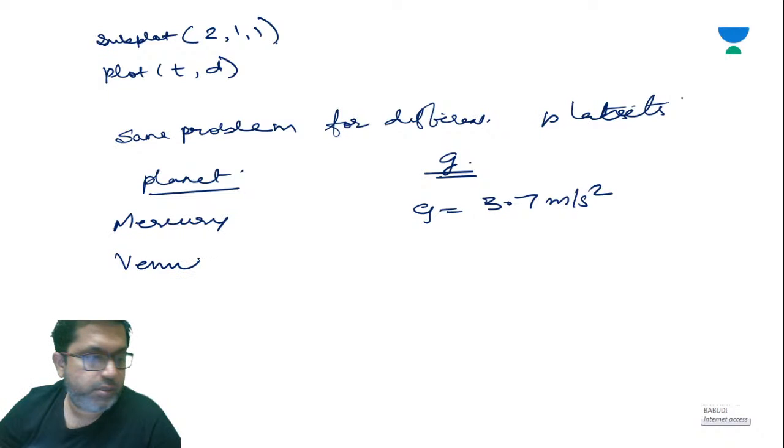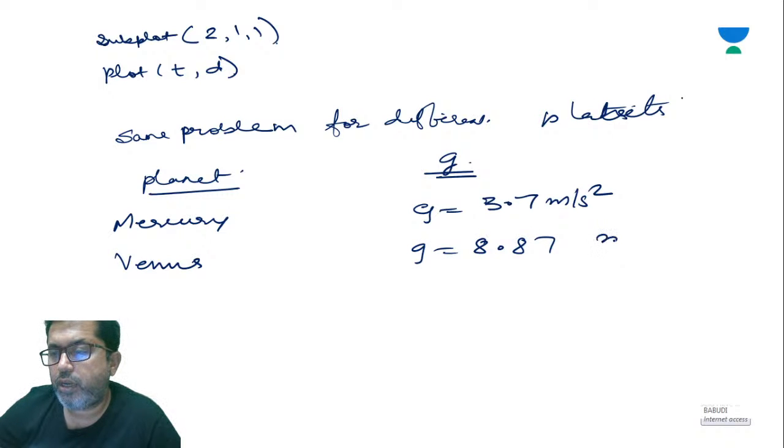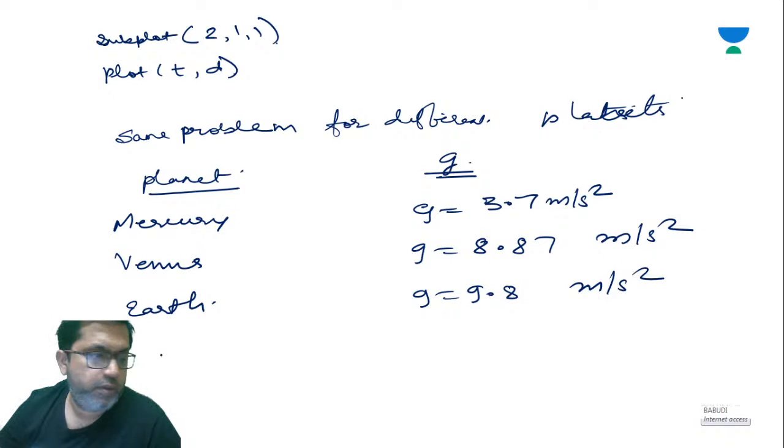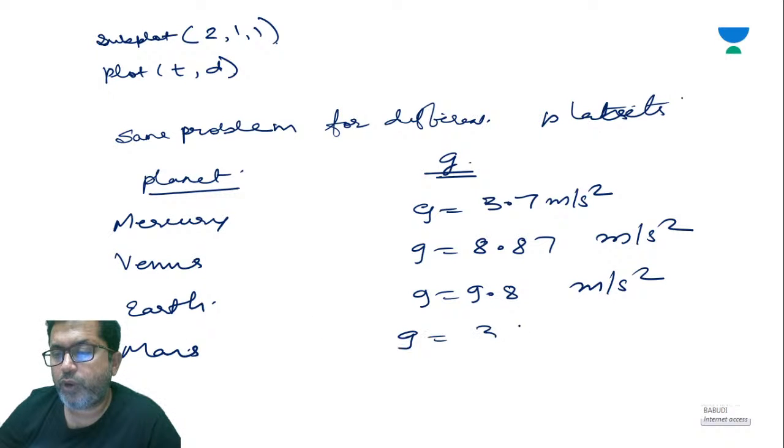For Venus, g is equal to 8.87 meter per second squared. For Earth, g equal to 9.8 meter per second squared. Where for Mars g is equal to 3.7 meter per second squared.